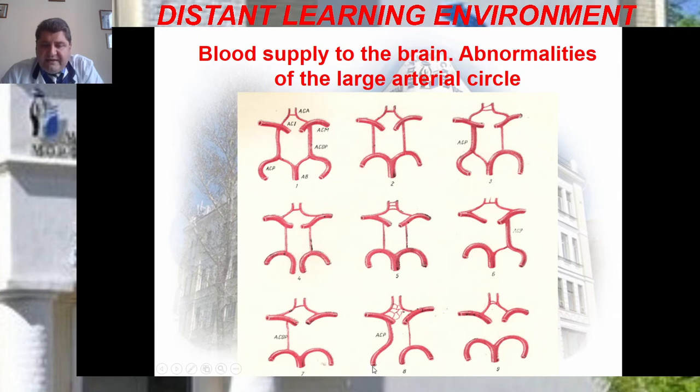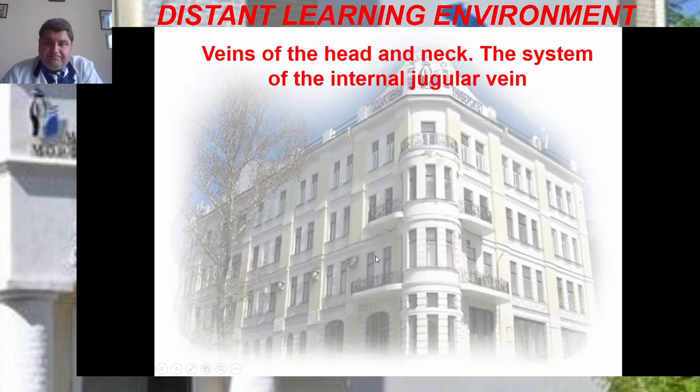You may see that the vertebral artery passes individually and forms an anastomosis connection with the internal carotid artery. On this picture you may see the absence of connection between the system of the internal carotid artery and the vertebral artery of the subclavian system, and also the absence of posterior communicating arteries.